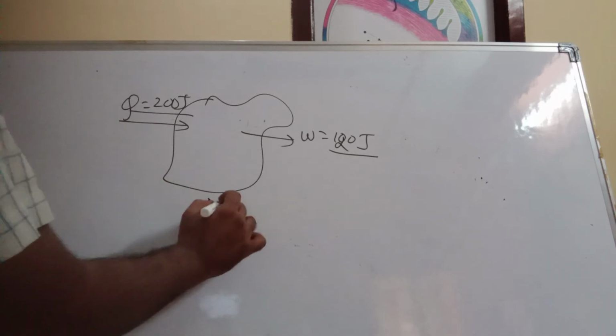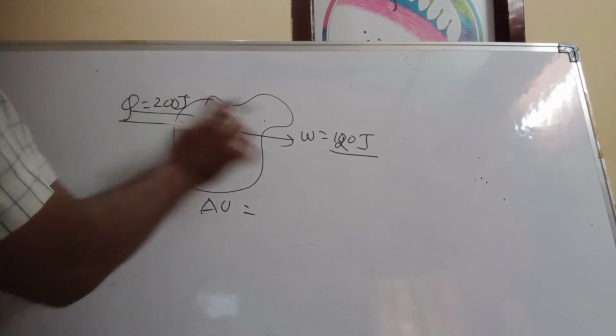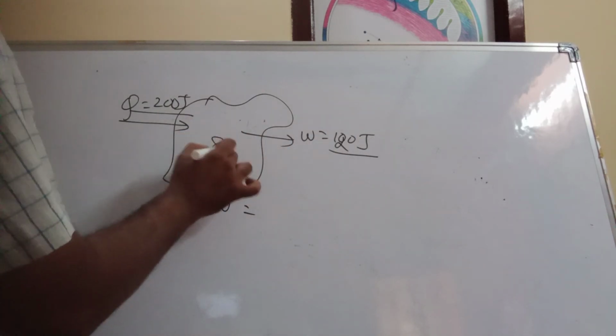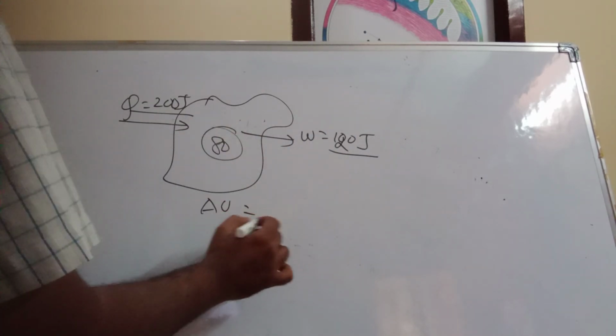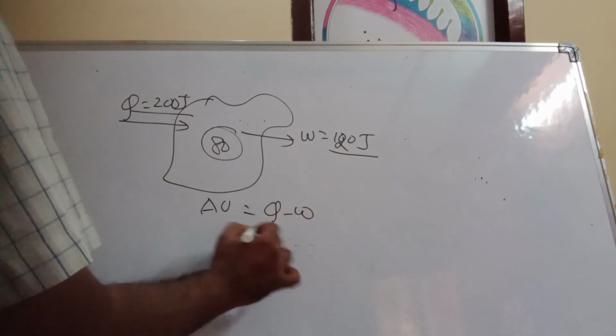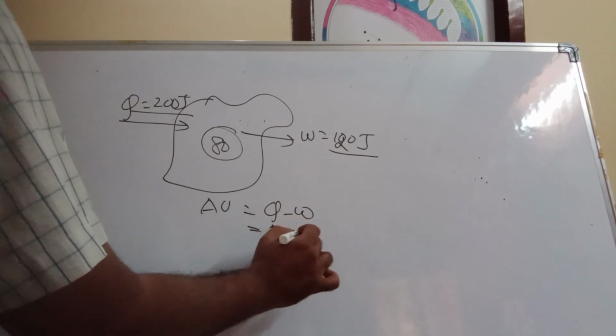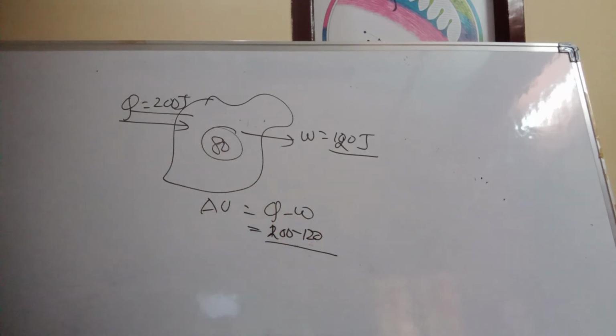Delta U is equal to 200, and 120 gone, 80 left over, isn't it? Delta U will be Q minus W, 200 minus 120, which is 80 joules.